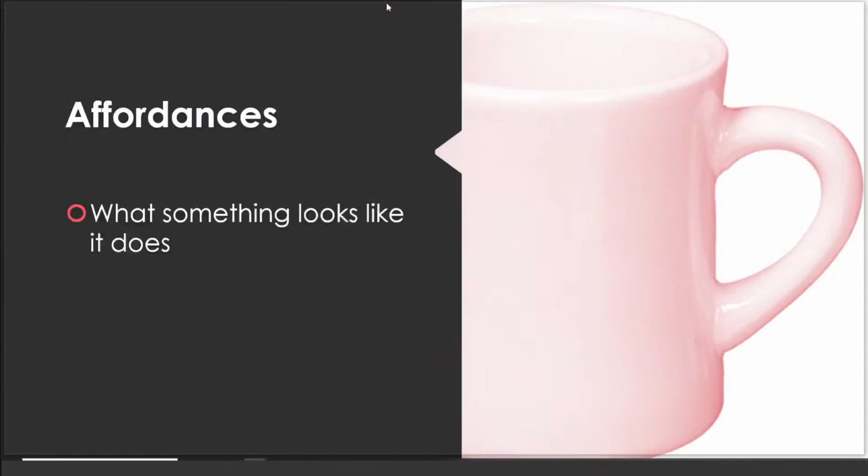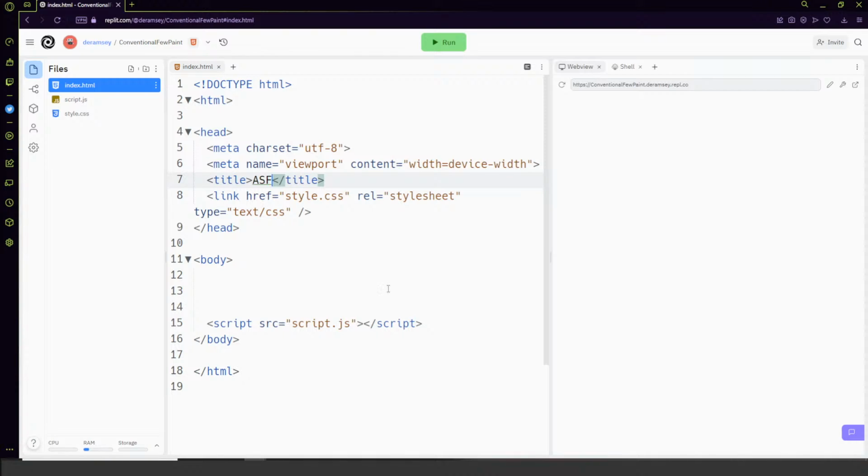If we look at a website, there are some clear things on a website, and I'm just going to do this in Replit just so we can have a quick and easy back and forth here. There are a few things that have some affordances. For example, a button. Now we do have to type something on our button here.